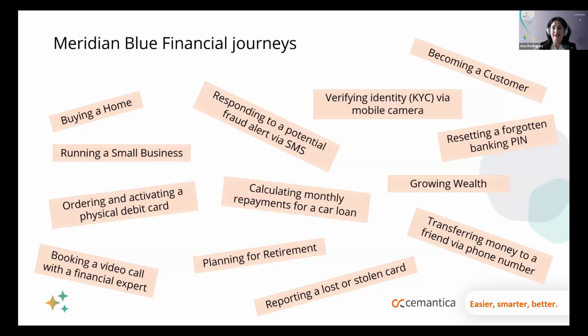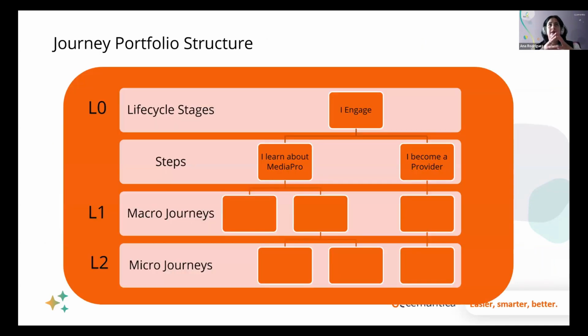So let's start our lesson by explaining the Journey Portfolio structure. As you can see here, we are going to talk about the Journey Portfolio framework. The recommendation is to start by mapping the life cycle stages. This is what we normally call, in the best practices, the level 0 journeys. So normally you start by thinking about your customers and mapping the customer life cycle.